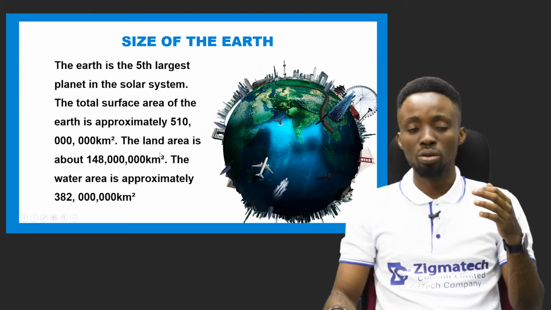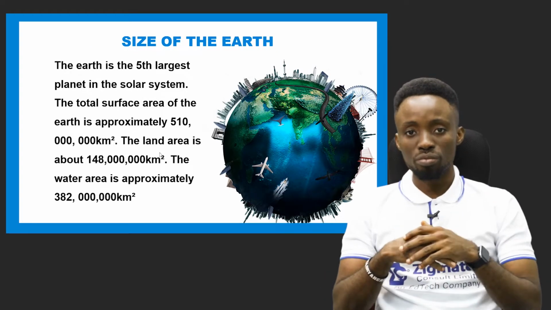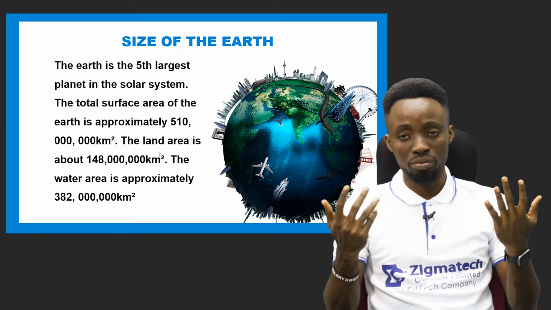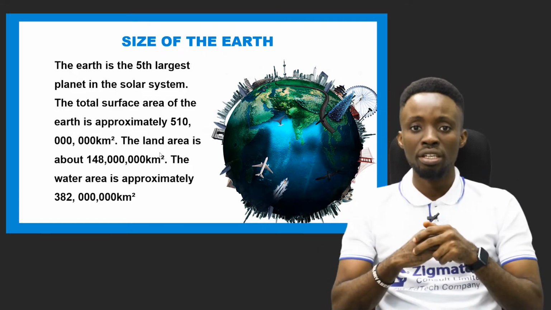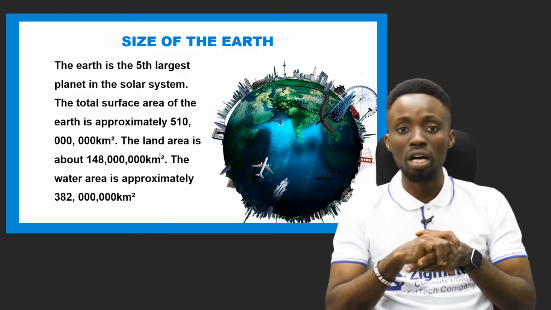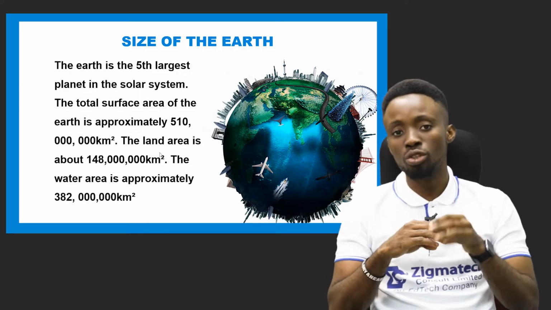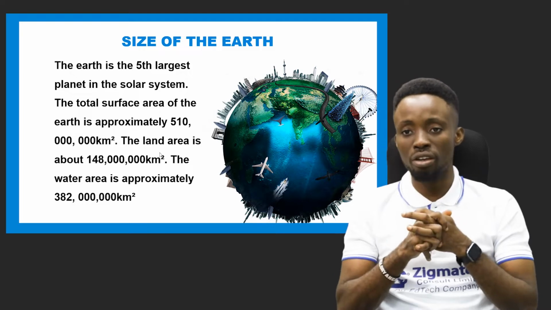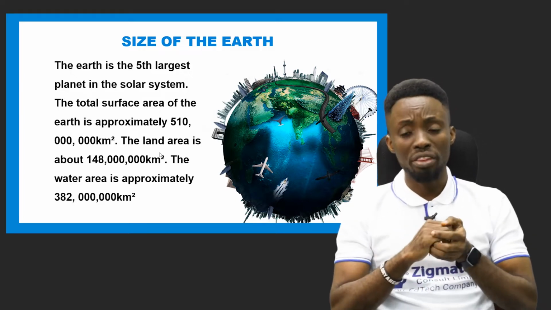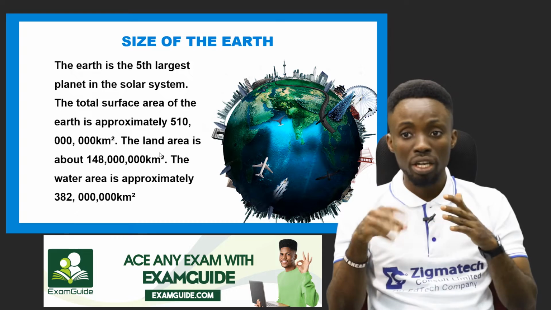Now let's look at the size of the Earth. How big is the Earth? The Earth in terms of size is the 5th largest planet we have in our solar system. The Earth is the 5th largest, and it has a total surface area of 510 million kilometers square. That's the total area.